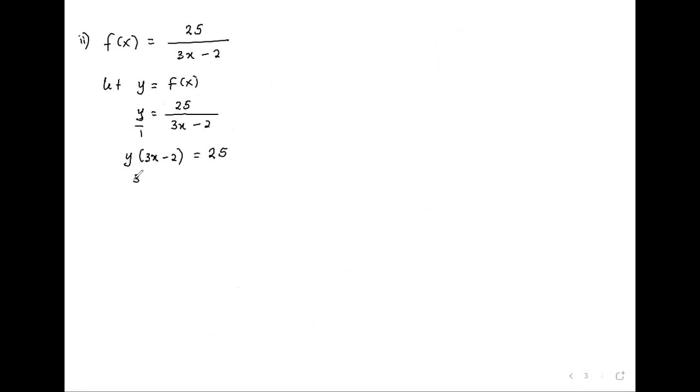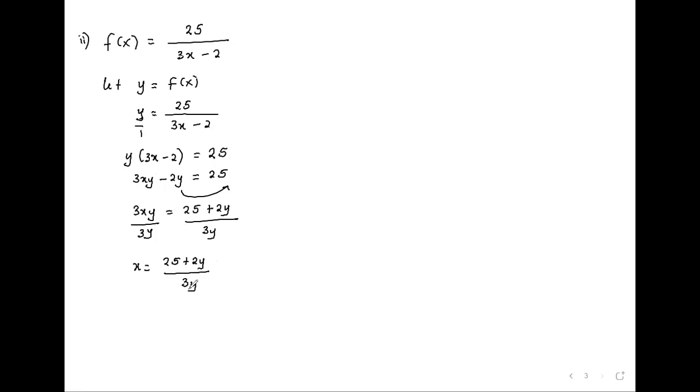I will have 3xy minus 2y is equal to 25. Then take this to the other side. We'll get 3xy is equal to 25 plus 2y. Divide by 3y, divide by 3y.